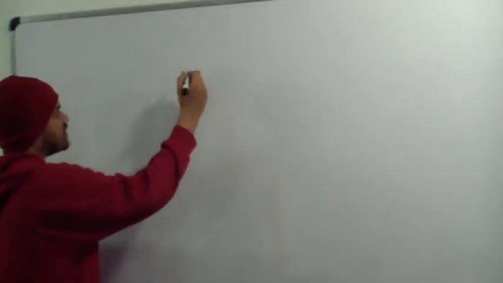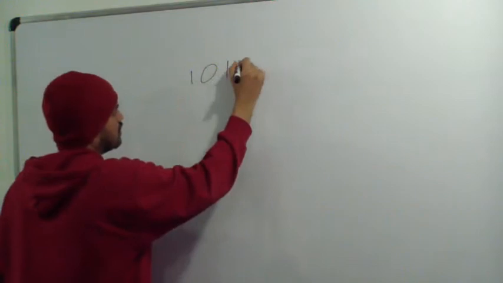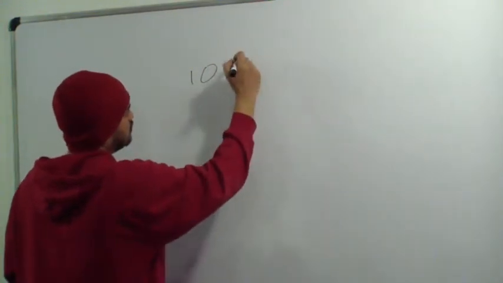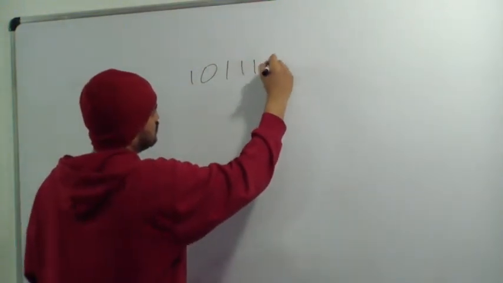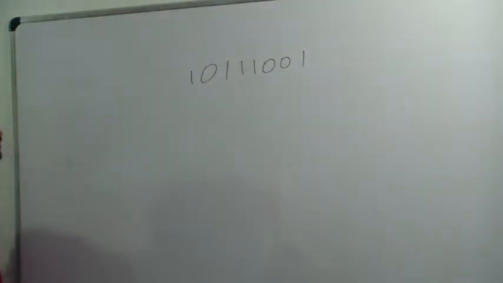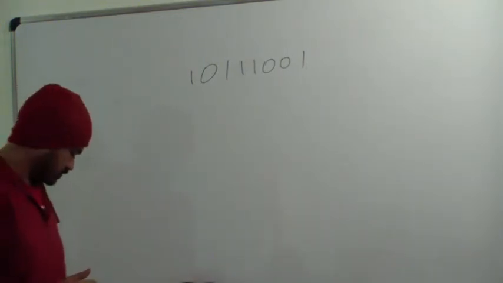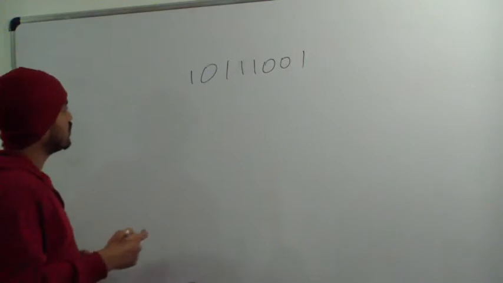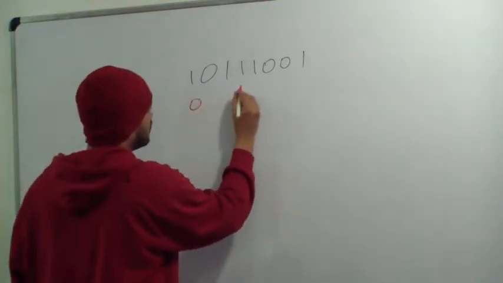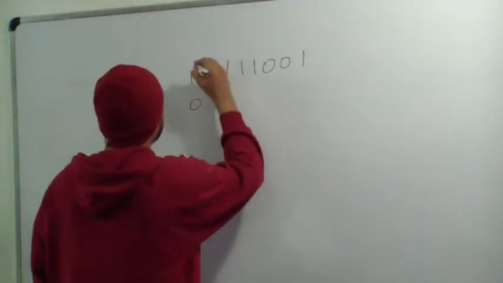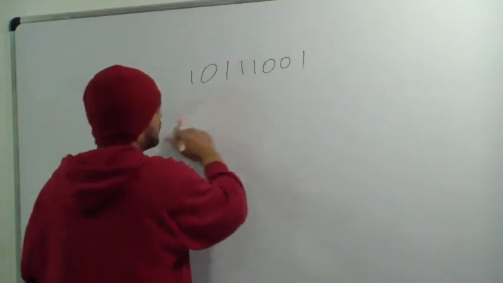Okay. Let's say you are given a value, an integer. Now you have to swap the odd and the even bits with each other. So it will be 0, 1, actually, I can't write this.